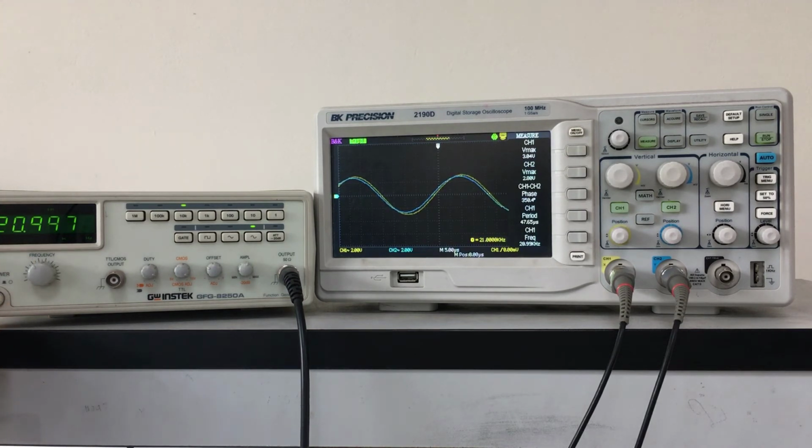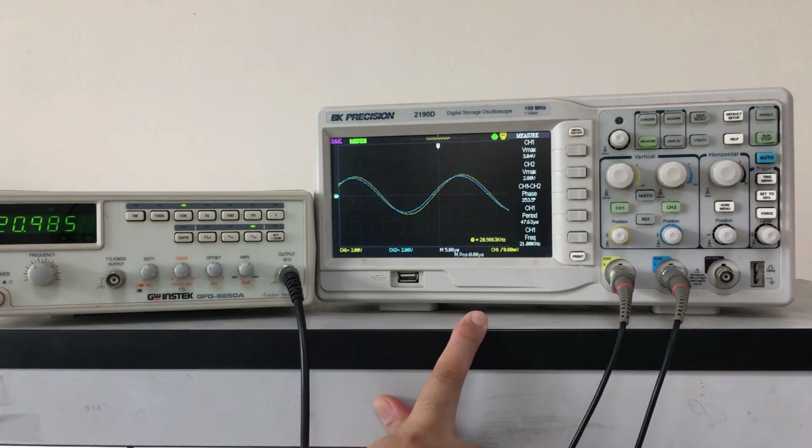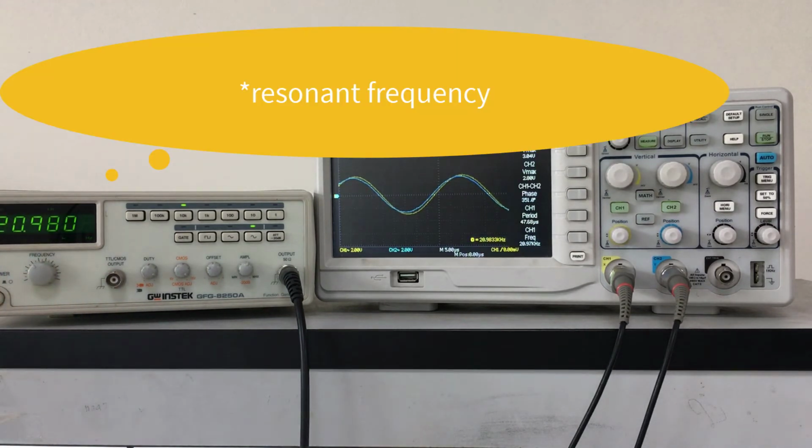So we can say that the cutoff frequency is around 20 to 21 kilohertz. So we'll record that in the table because we don't get any output voltage higher than 2.80 volt. So we will record this value as the cutoff frequency.